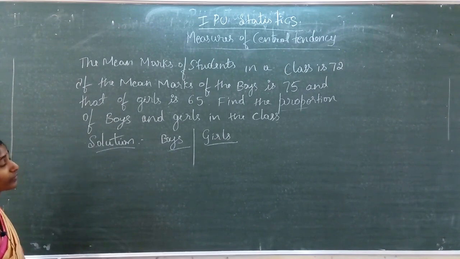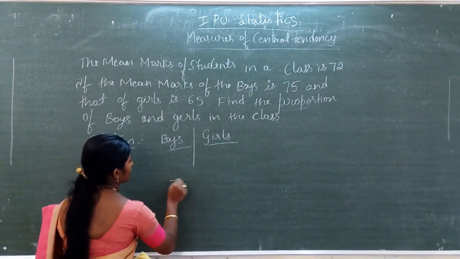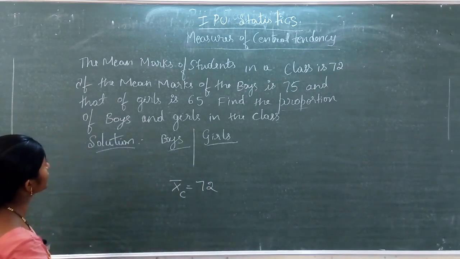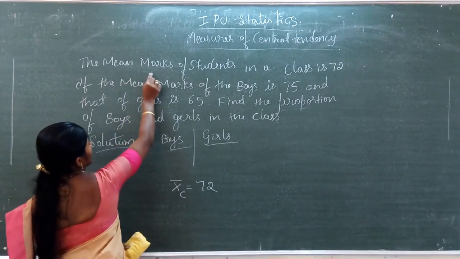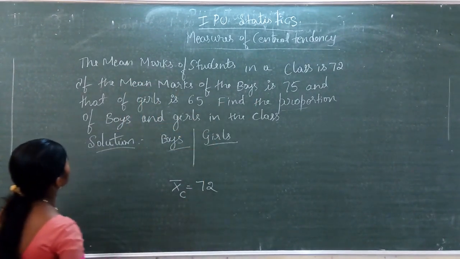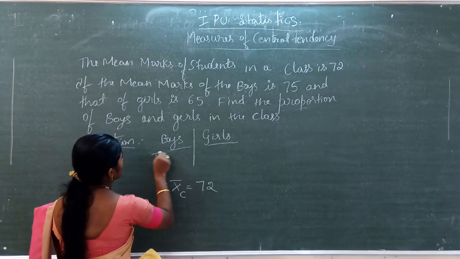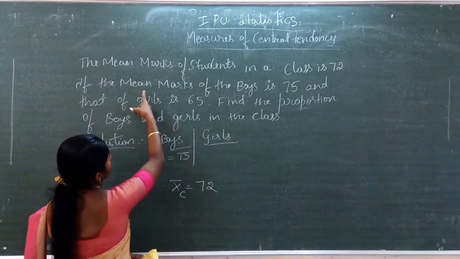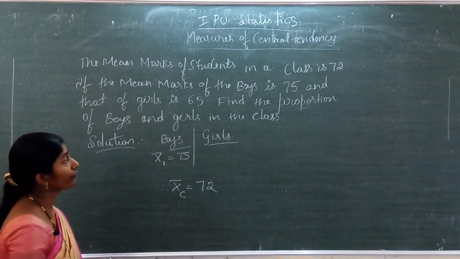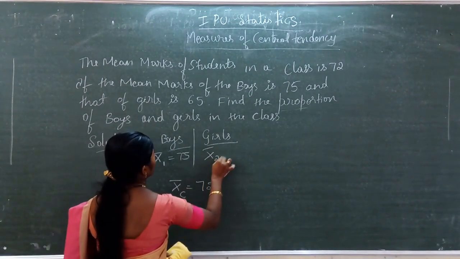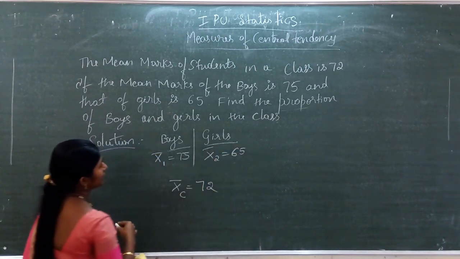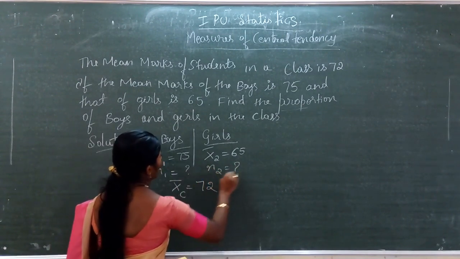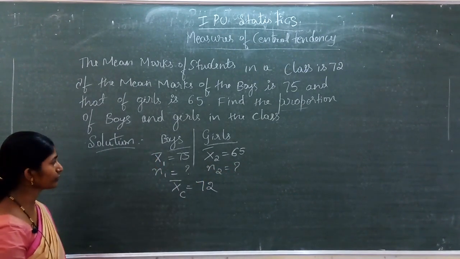The mean marks of students, the total students value given, that is the combined arithmetic mean, that is 72. The mean marks of the boys I will take as x1 bar, that is 75, and the mean marks of girls is x2 bar. We don't know n1 and we also don't know the n2 value.